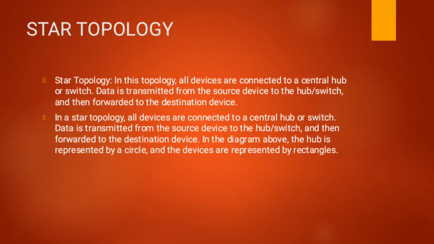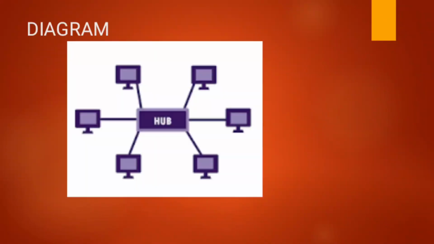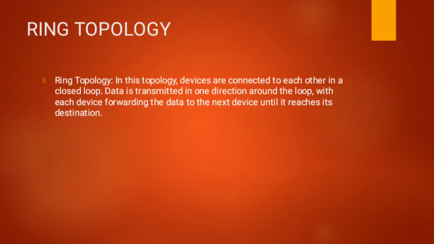Data is transmitted from the source device to the hub or switch, and then forwarded to the destination device. In the diagram below, the hub is represented by a circle and the devices are represented by rectangles. That is the diagram.